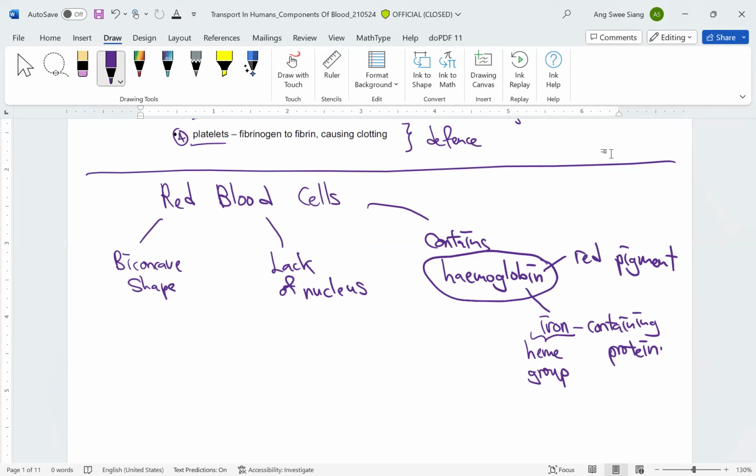So the function of red blood cells is to transport oxygen molecules from the lungs to other parts of the body.